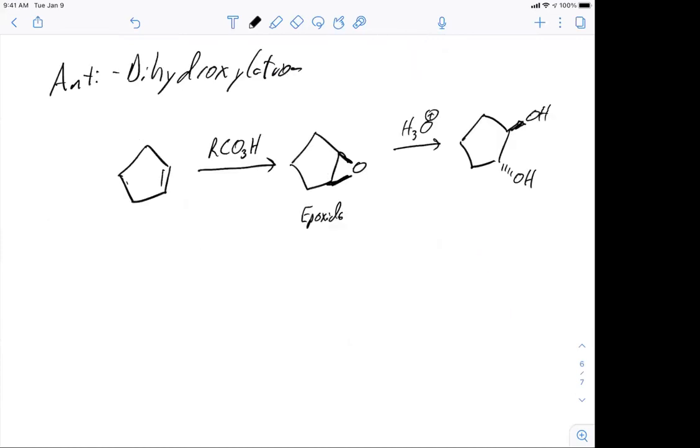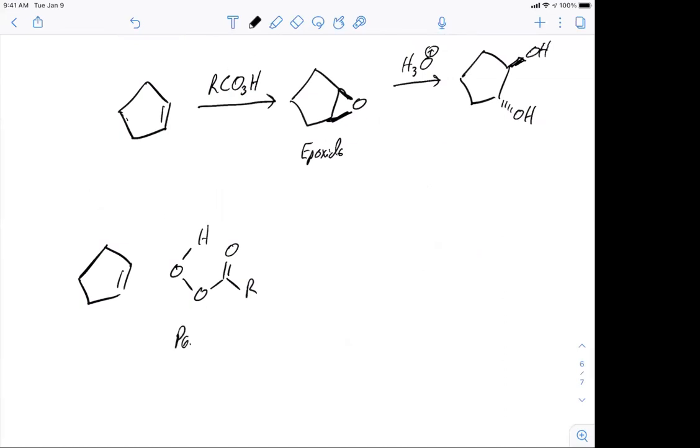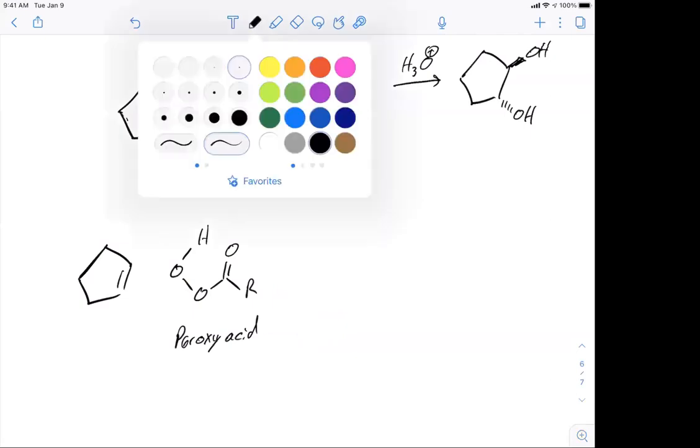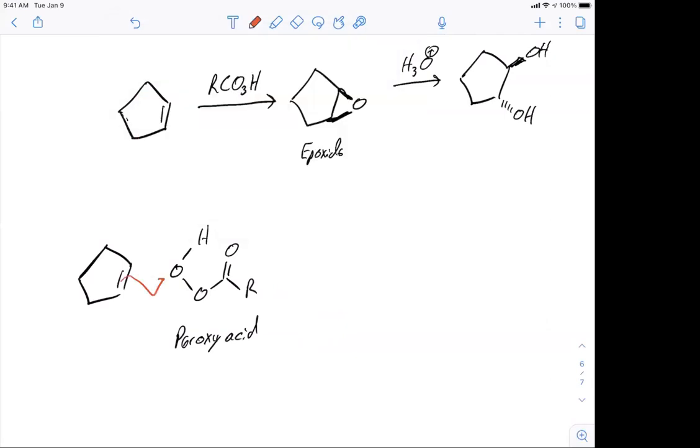So this first reaction is with a peroxy acid. A peroxy acid is a carboxylic acid with two oxygens, right? It actually turns out that this bond right here is relatively weak, and that oxygen is electrophilic. So we get a reaction with that electrophile, and then we get something called a cascade.